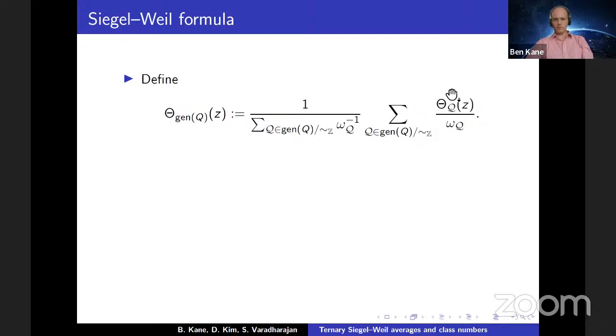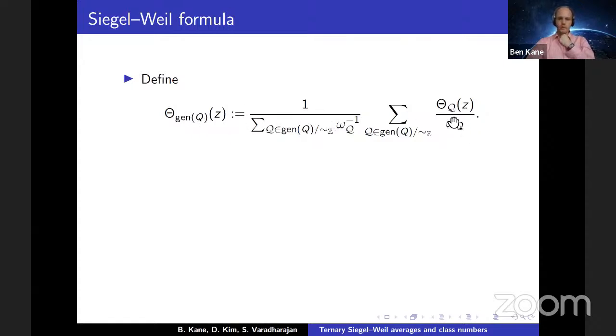So I defined this theta series before, theta q, and now I'm going to define a kind of weighted average of these theta series. And this is the Siegel-Weil average. Siegel looked at this, and Weil did some later special cases of it and extended it to different domains.